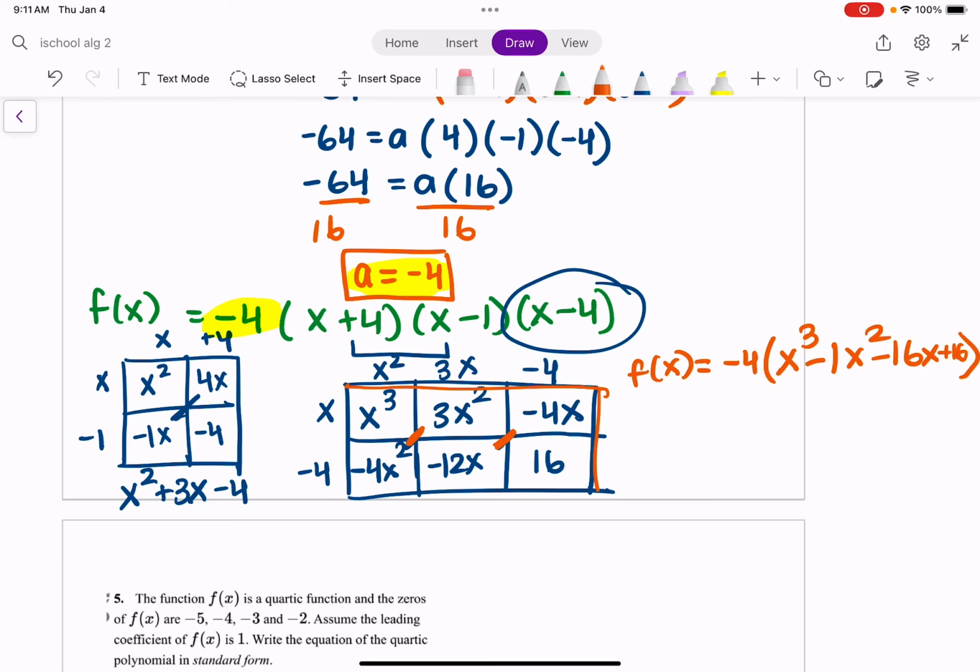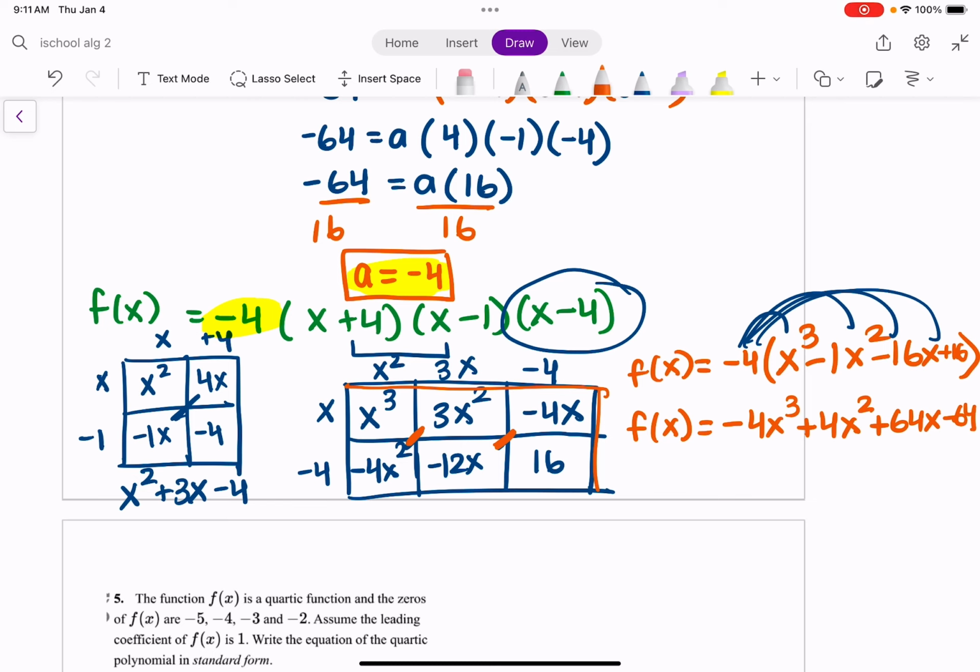And the last step now is I am going to distribute the -4 to everything. So my final answer, my equation in standard form, is going to be -4x to the third plus 4x squared plus 64x minus 64. So fun, right?